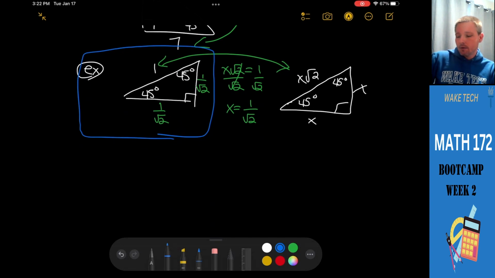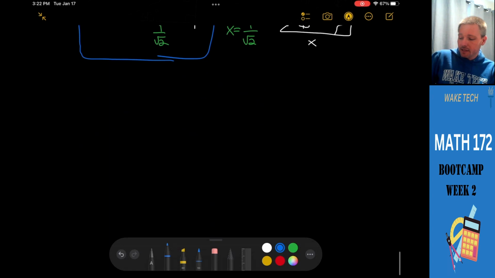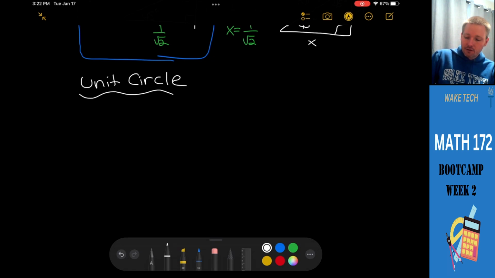Yeah, so that's how I create the unit circle, from these two triangles. The unit circle is a circle that has a radius of 1.